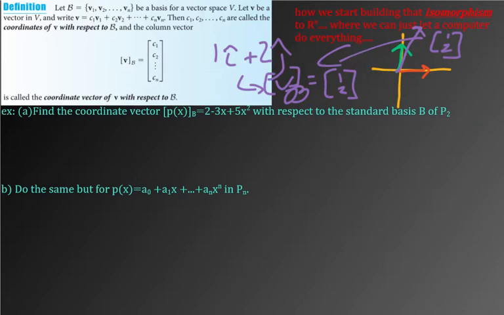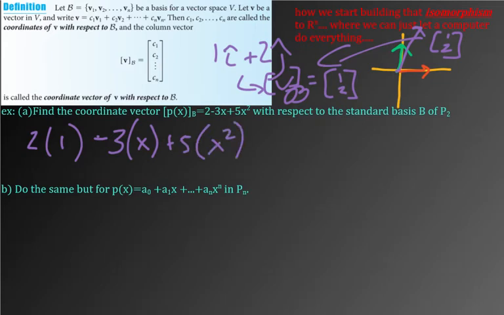We would basically just say it takes two ones, minus 3 x's, plus 5 x squareds. And remember, the standard basis for this is just 1, x, x squared.